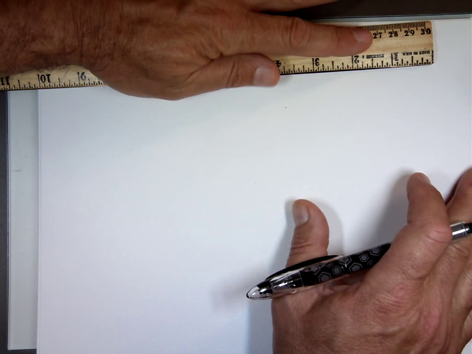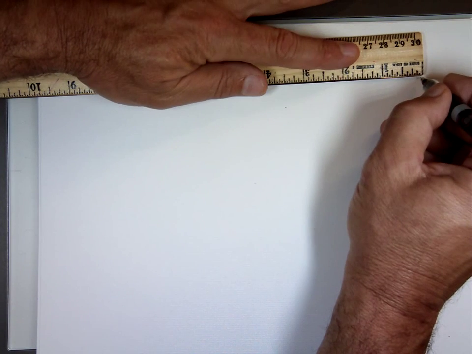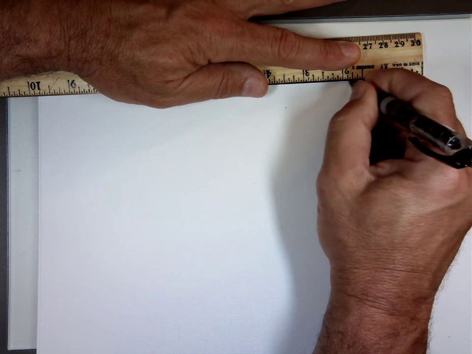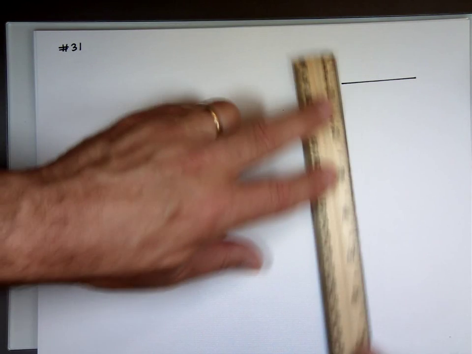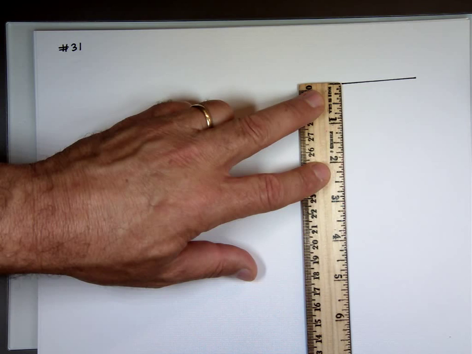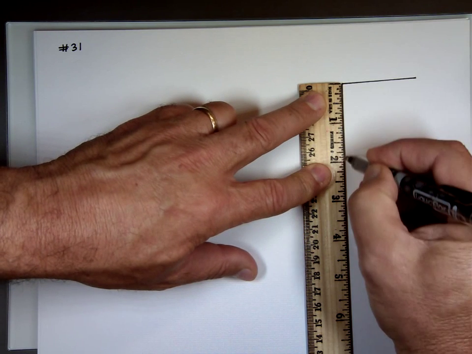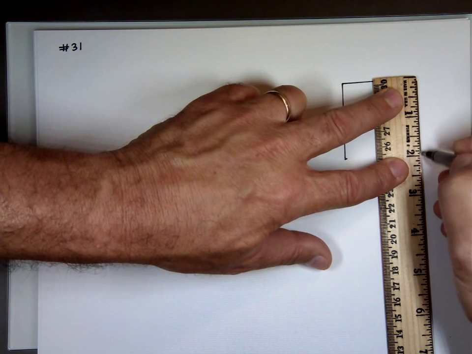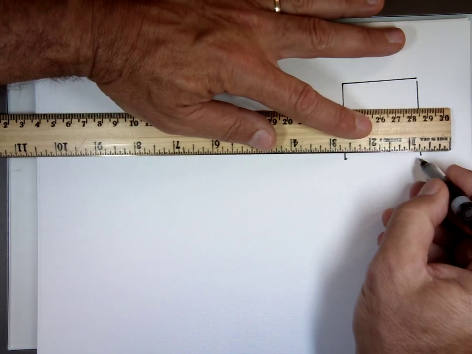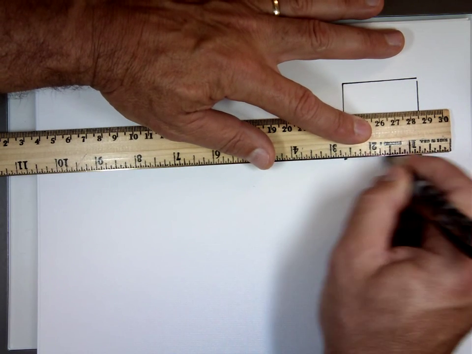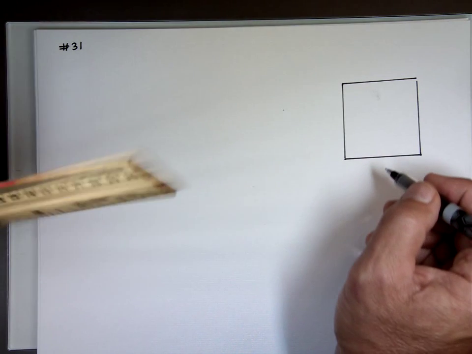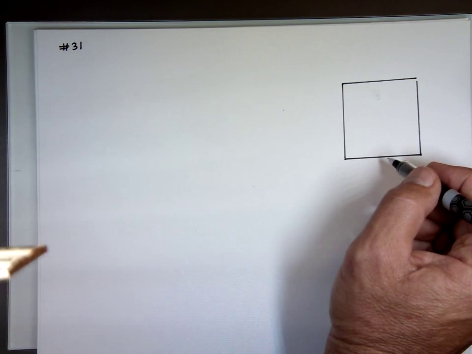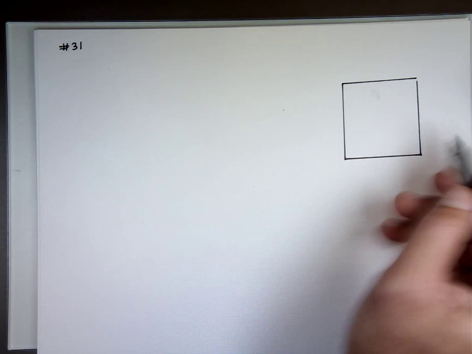The picture doesn't look like a square, at least on my machine, but that's what you have. You have a square, and the distance is, I don't know, 31 or 3.1. I think it's 31 centimeters.